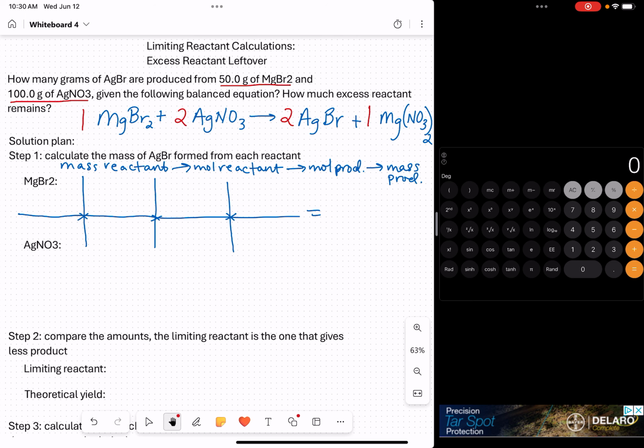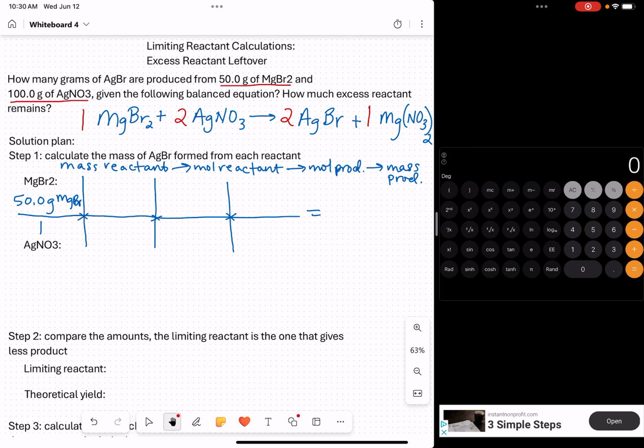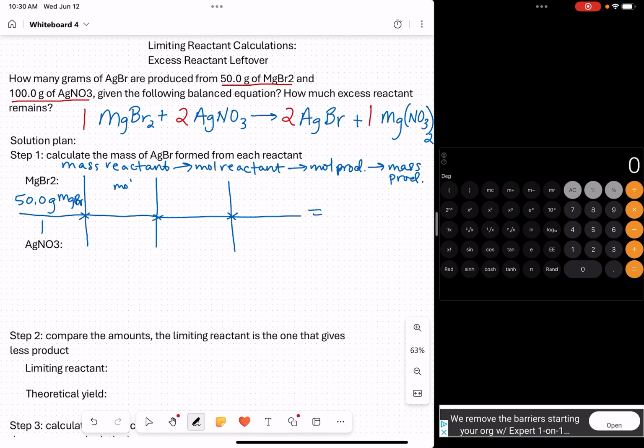So I'm going to start with magnesium bromide. I have 50 grams of magnesium bromide, and I can place a 1 there. The first thing I need to do is convert to moles of magnesium bromide from grams of magnesium bromide.